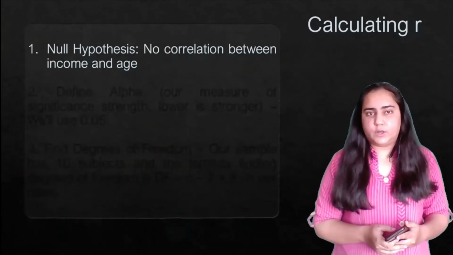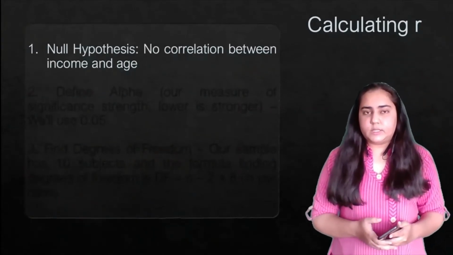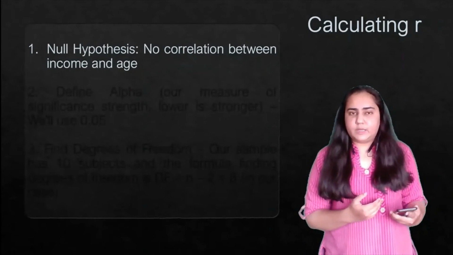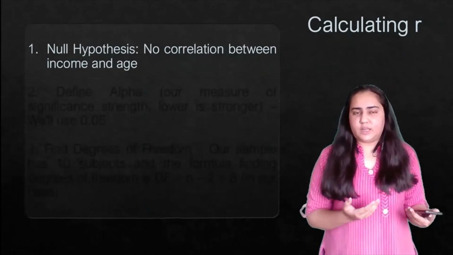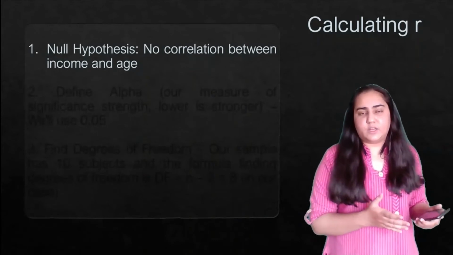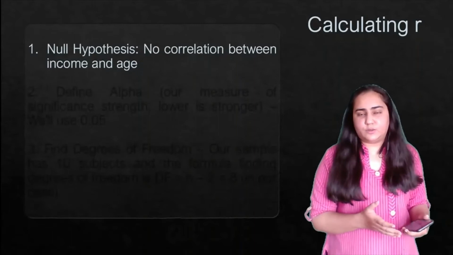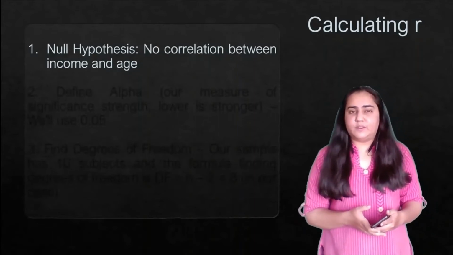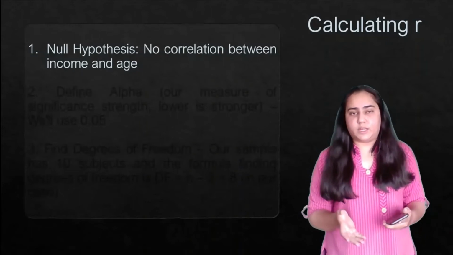So calculating R, the first step is to define the null hypothesis. Because we are beginning to do a sort of an experiment or simulation, we want to make sure that we have a null hypothesis, something to fall back to if this does not work. So the null hypothesis would be that there is no correlation between income and age.